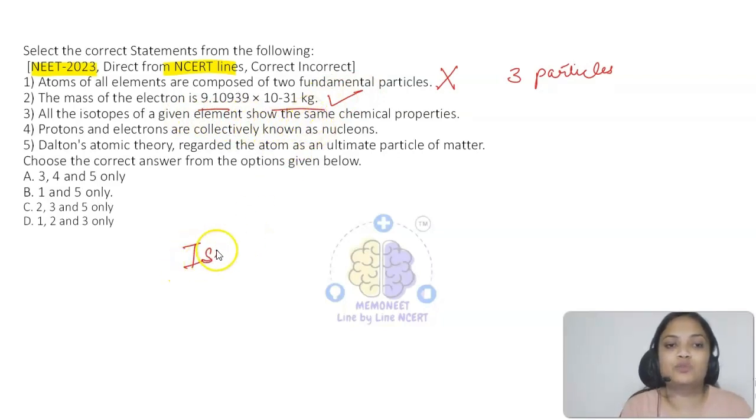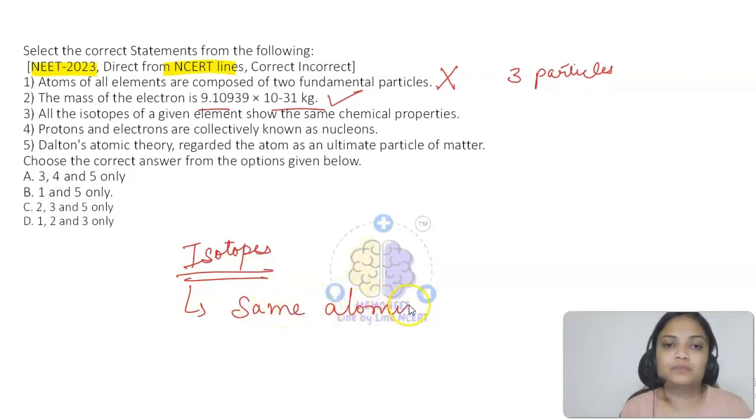Now, what are isotopes, first of all? So, students, isotopes are actually the atoms of the same element, which have the same atomic number but different mass number. If the atomic number is the same and the mass number is different, we call them isotopes.